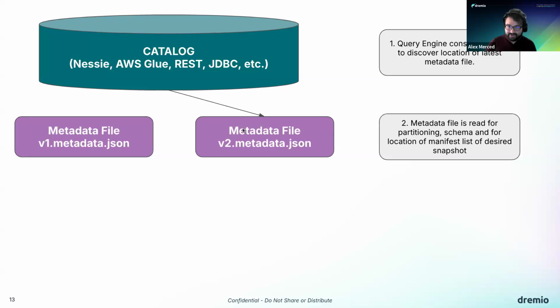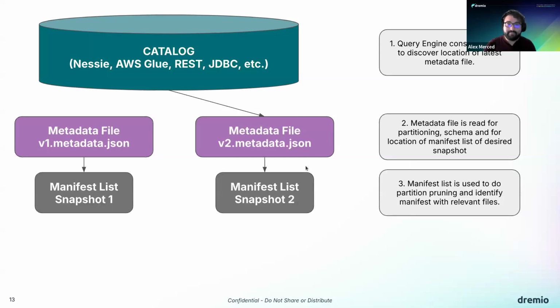I would read that, understand the structure of the table, and then that metadata file would point me to a manifest list. Every snapshot gets a manifest list that describes the groups of files that are part of the table. These chunks, which are referred to as manifests, are part of the table at this point in time.